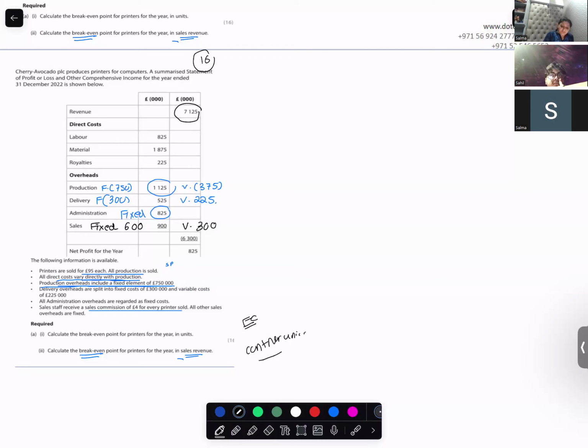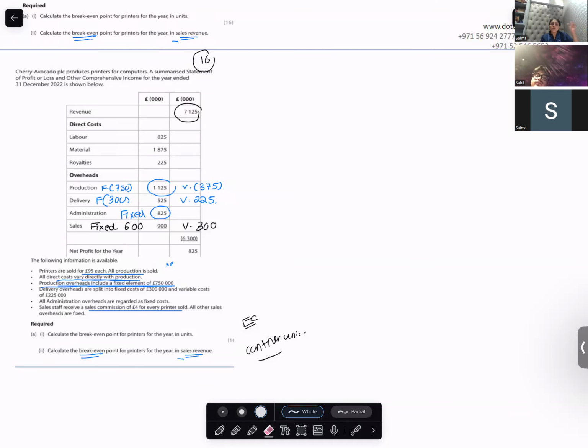To find the contribution, what do we do? Sales minus variable cost gives you the contribution. That means I need a bifurcation of my variable cost and my fixed cost, spreading up the overheads.